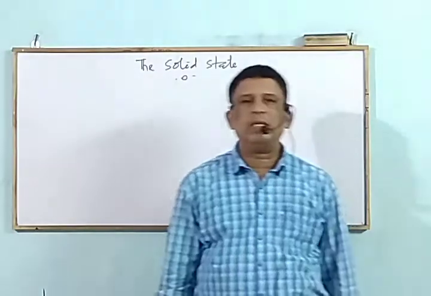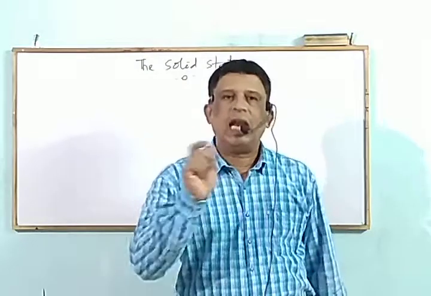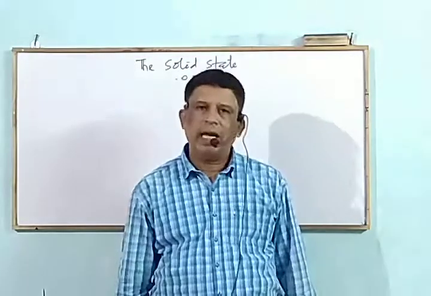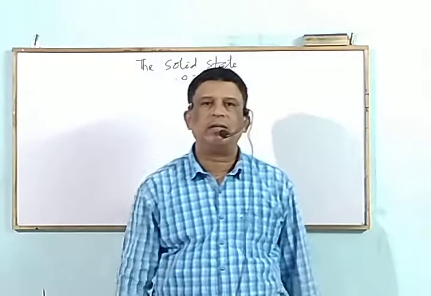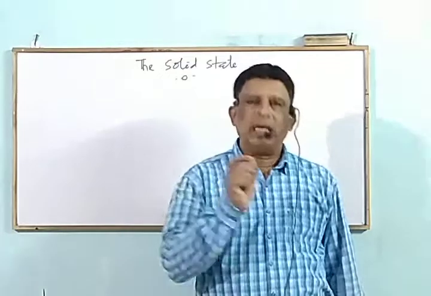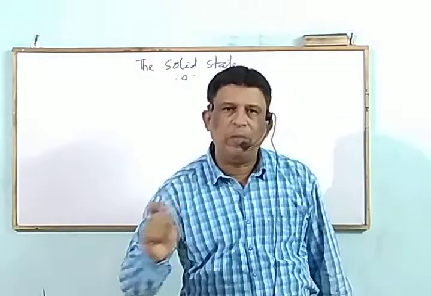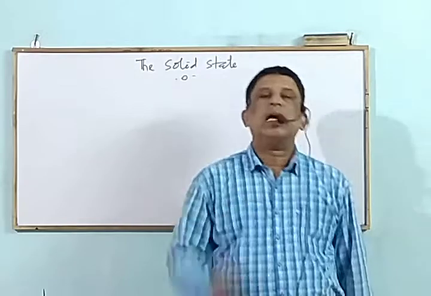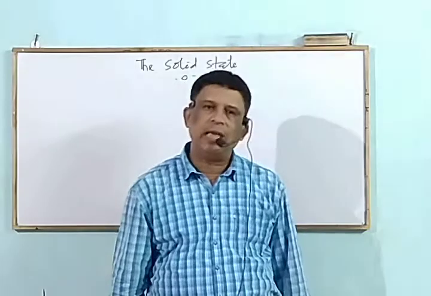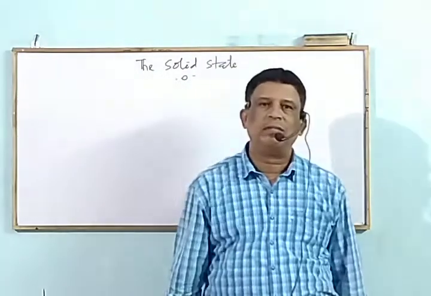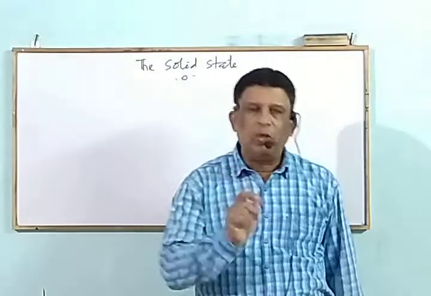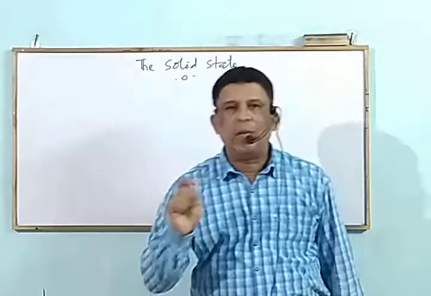Next, two terms are there, that is crystal lattice or space lattice and unit cell. Next, types of unit cell are of two types, that is a simple or primitive unit cell and a centered unit cell, non-primitive unit cell. Then calculation of number of atoms present in a unit cell. Next, closed packing. Under this, that is one-dimensional closed packing, two-dimensional closed packing and three-dimensional closed packing.